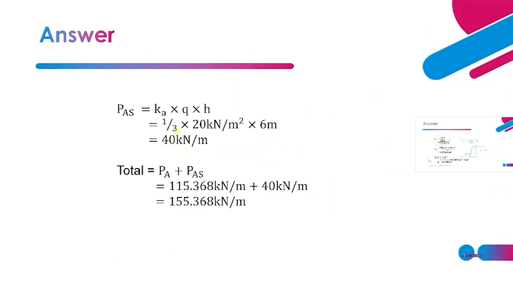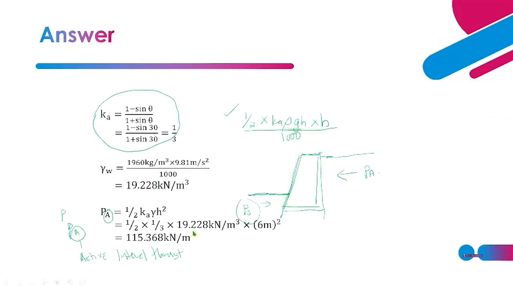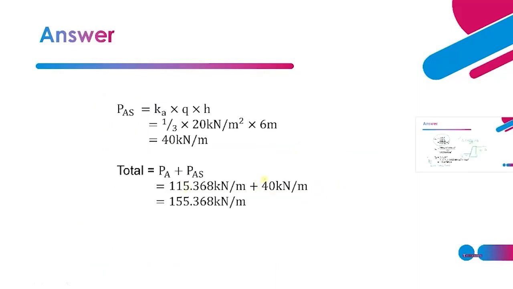You dapat total of surcharge is 40 kN per meter. Okay, the total pressure, active lateral thrust dia, plus dengan surcharge. This is according to example number 5, 115.368. So nampak sini 115.368. Ni value of PA plus dengan surcharge. So you dapat total active lateral thrust.